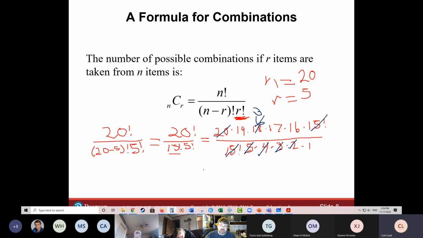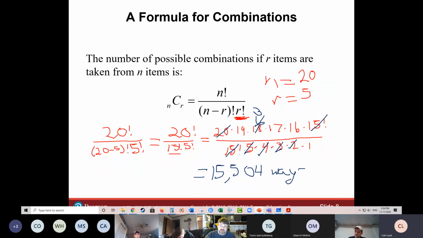If I did everything right, that should be 15,504 ways that I could pick 5 books out of 20 where order doesn't matter, which honestly seems like a lot to me. So I'm going to double check. First, I'm going to double check that I multiplied that right, and then I'm going to check it using my calculator.